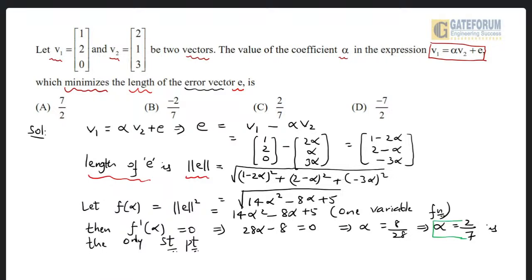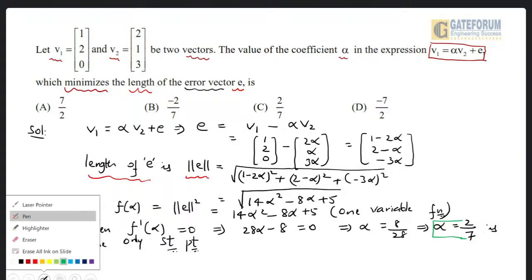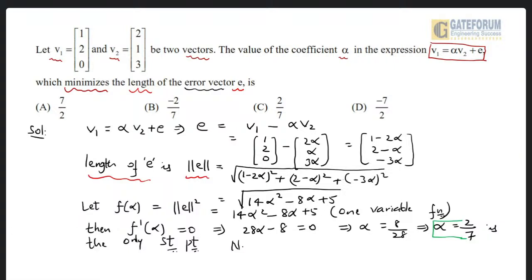And one of the options is there, 2 by 7. Let us check whether the second derivative confirms it. Now, f double dash alpha: if the second derivative is greater than 0, then the function is going to be minimum at that point alpha. So 28 alpha derivative is 28, minus 8 derivative is 0, which is greater than 0.